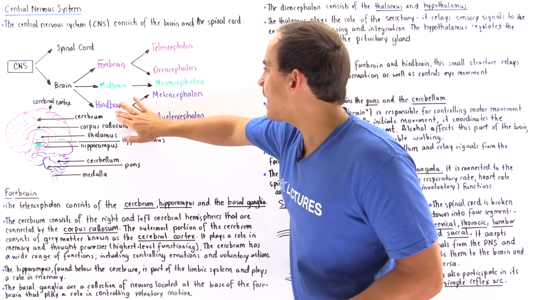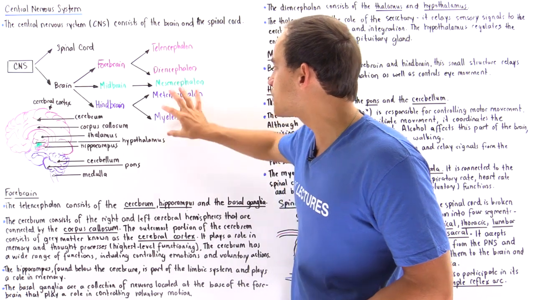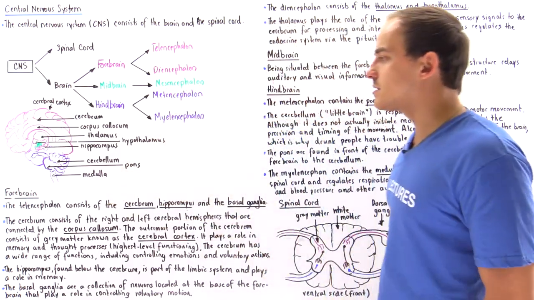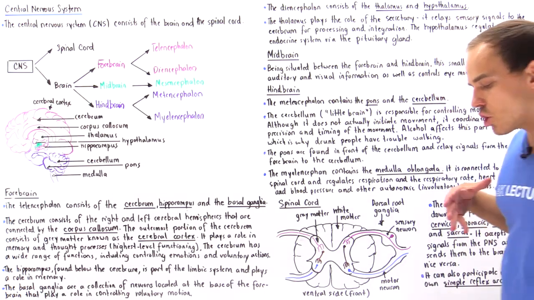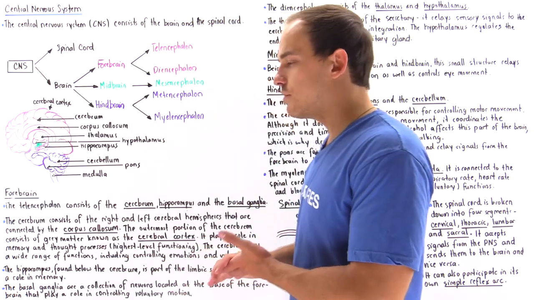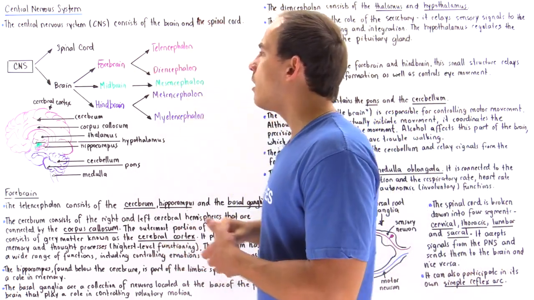Now, the hindbrain contains the metencephalon that has the cerebellum and the pons, while the myelencephalon consists of our medulla. So let's go through each one of these structures and discuss what the function of these structures is. And let's begin with the telencephalon region of the forebrain.